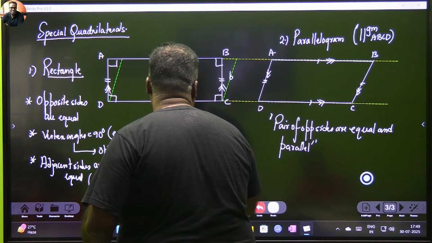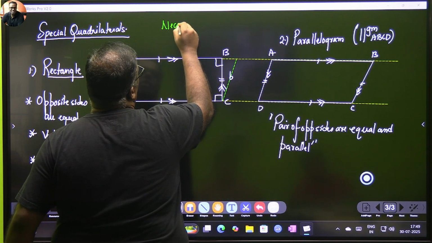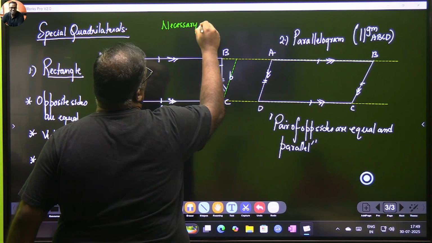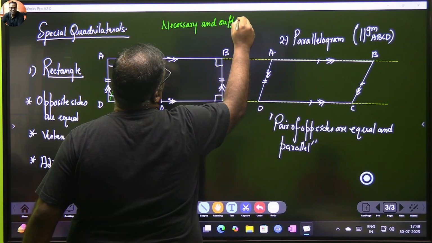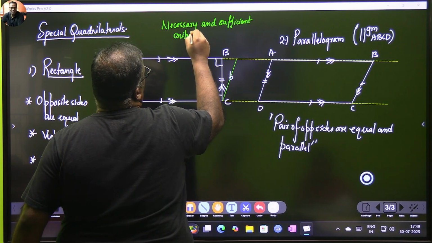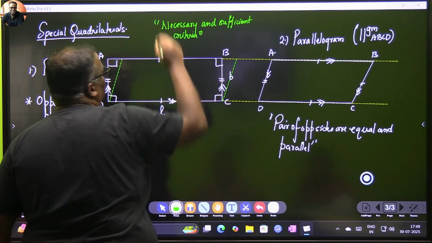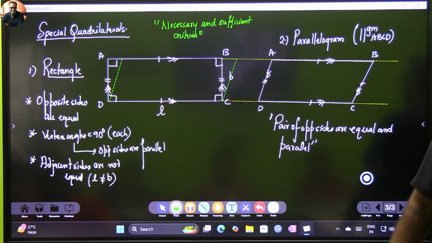We have a term, known as necessary and sufficient criteria. As you go ahead in these chapters, you will be asked to prove.